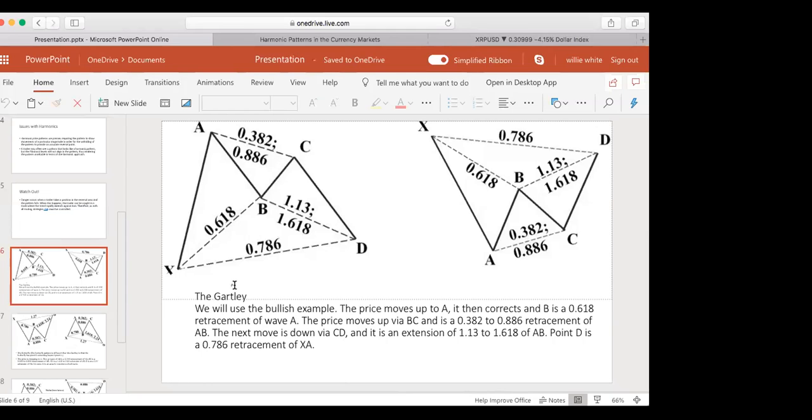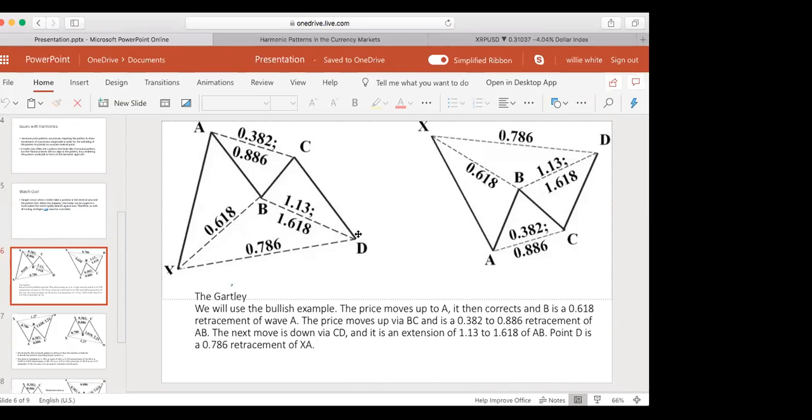All right. So the next move is down via CD. So it retraces all the way from A to B, retraces from B going up to C, and then it retraces from C going to D. And really, with the harmonic patterns, you will find this often when you get to trading a lot, during, let's say, the Asian session when you don't have a lot of volatility in the market.